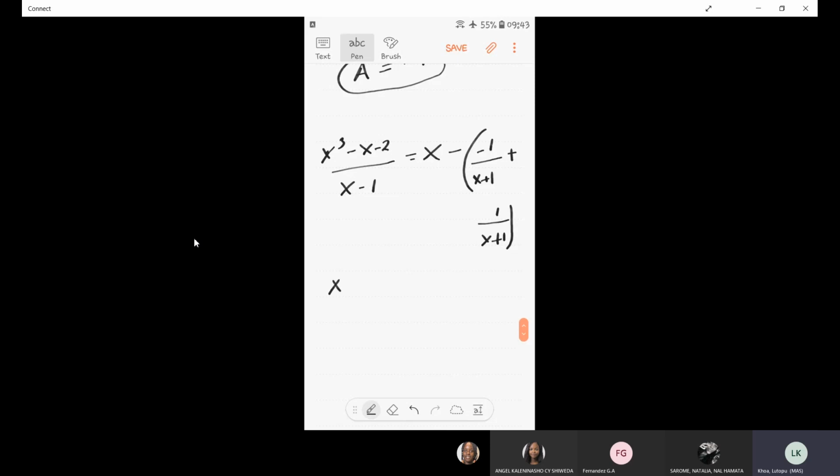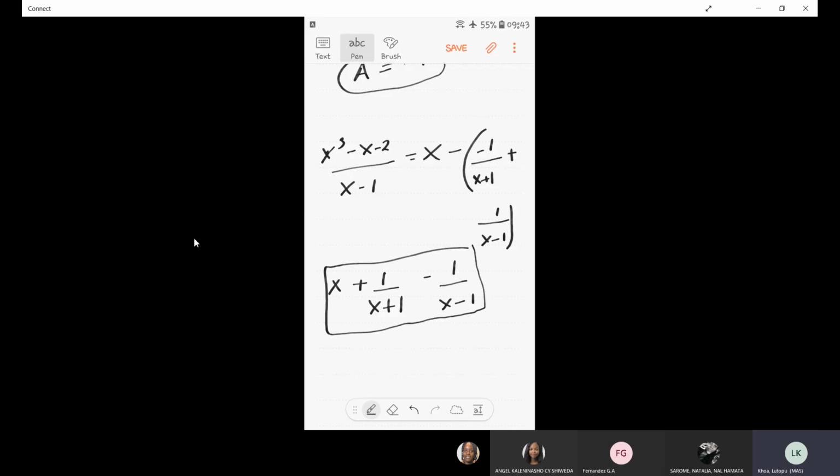When I decompose it, I have x plus 1 over x plus 1, and then minus 1 over x minus 1. Okay, so this is my decomposition, and we did this by first using long division.